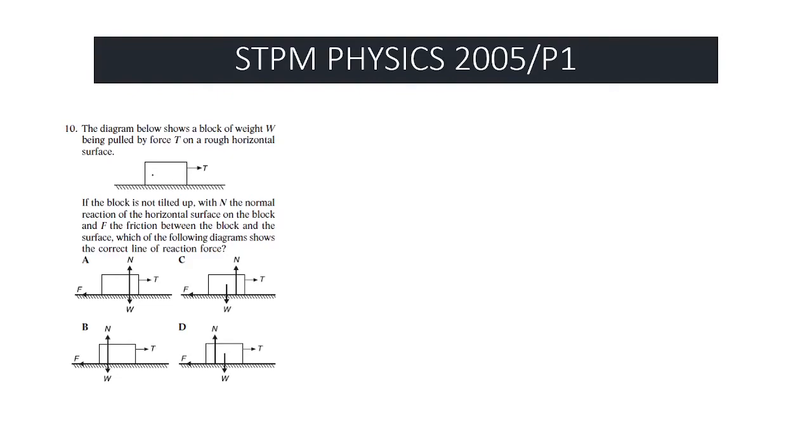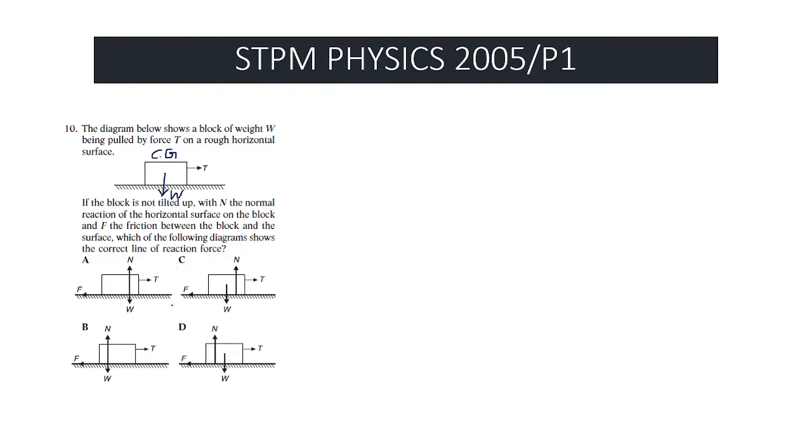So first thing, we assume that this block of mass is distributed uniformly. So the center of gravity is located at the center of this block here, and of course the weight will also be acting on this point downward here. So this is W.